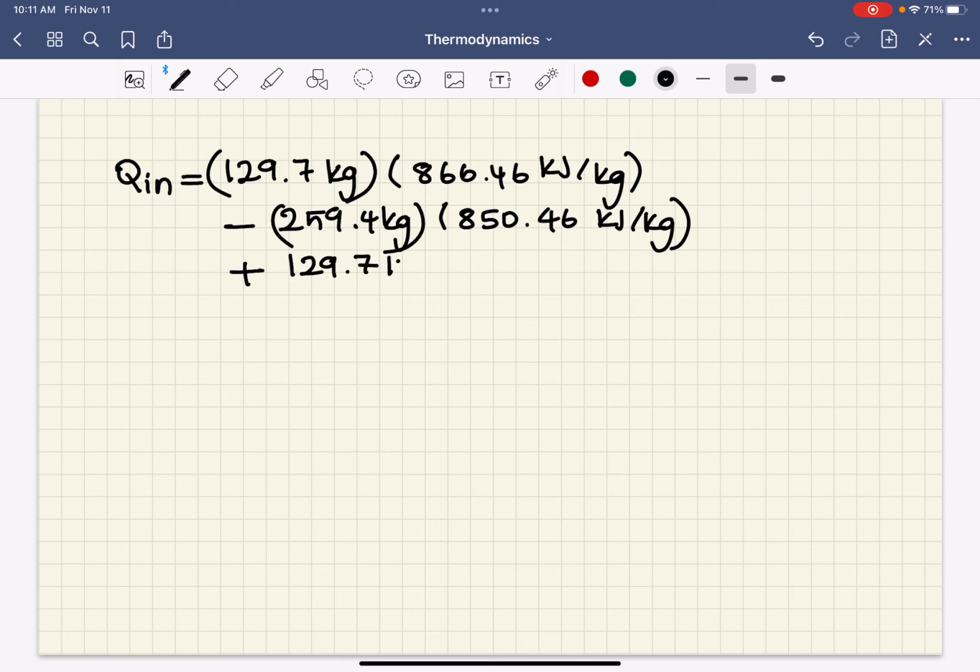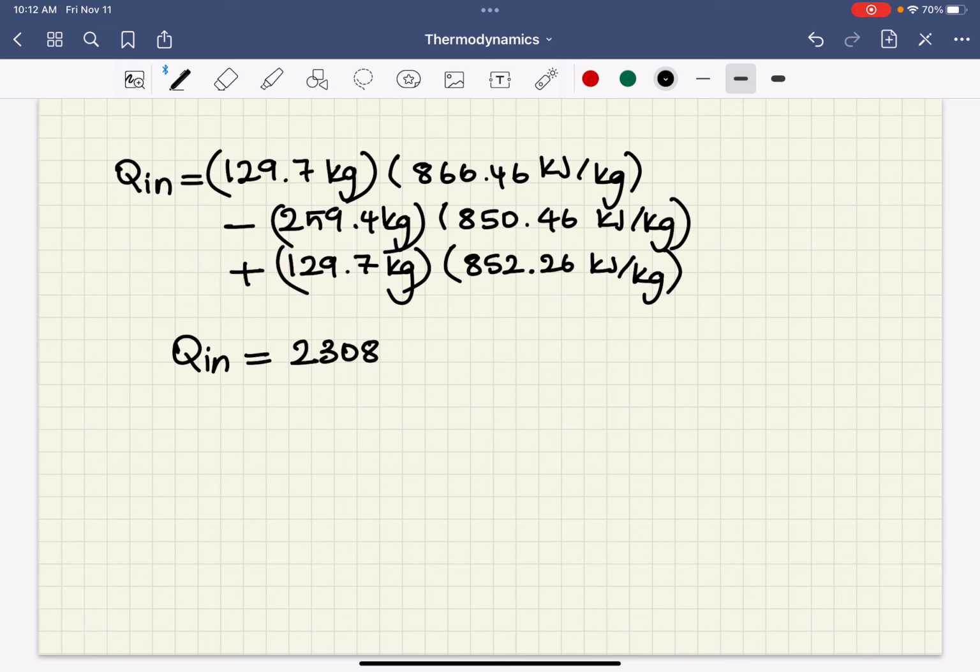We know its mass is half of the original mass times exit enthalpy. We figure it out from the tables. And the conclusion should be 2308 kilojoule.